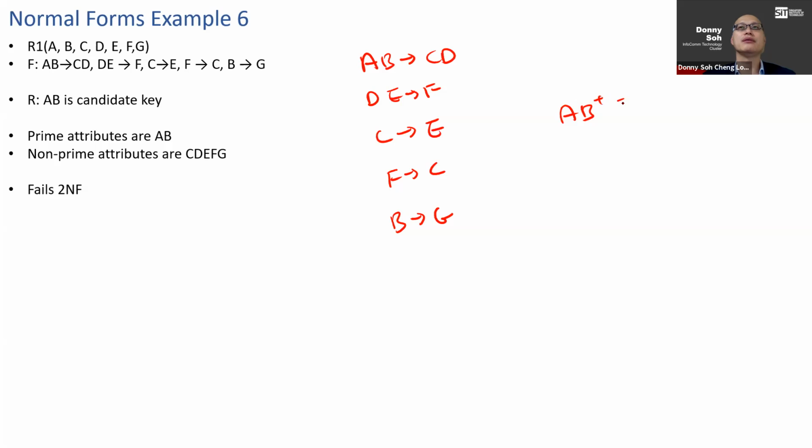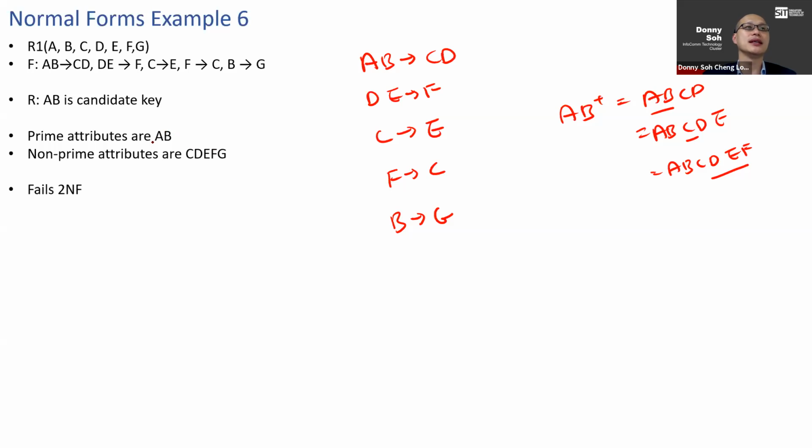If I find AB closure, I will have A, B, C, D. So just for completeness, A, B, C, D, E because of C, and DE implies F equals A, B, C, D, E. So AB is the candidate key.